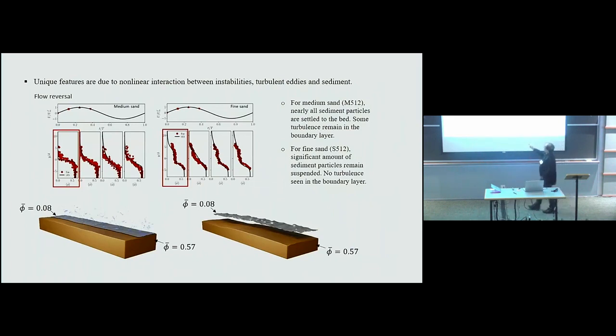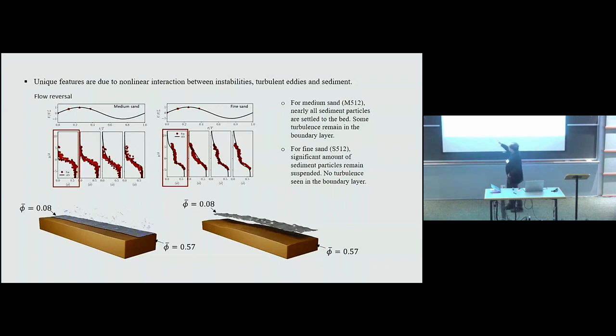Also, if you focus on this moment, this is the offshore-onshore flow reversal. You see that for medium sand, most of the sediment suspended in the previous wave has already settled back to the bed. That's why the isosurfaces of concentration of 8% and 57% basically coincide with each other, because it's all settled.